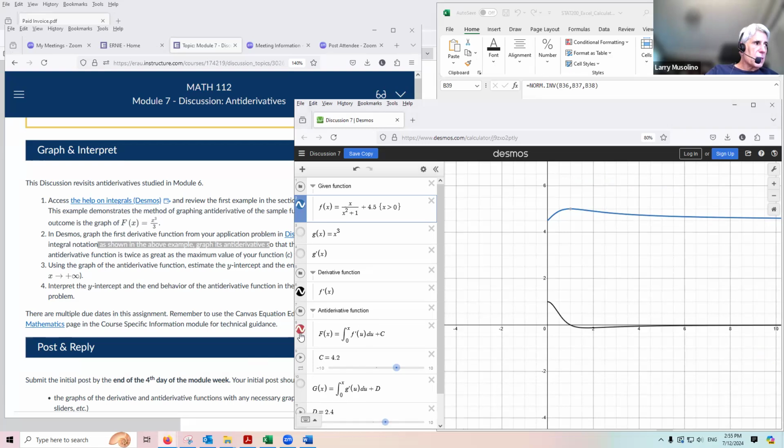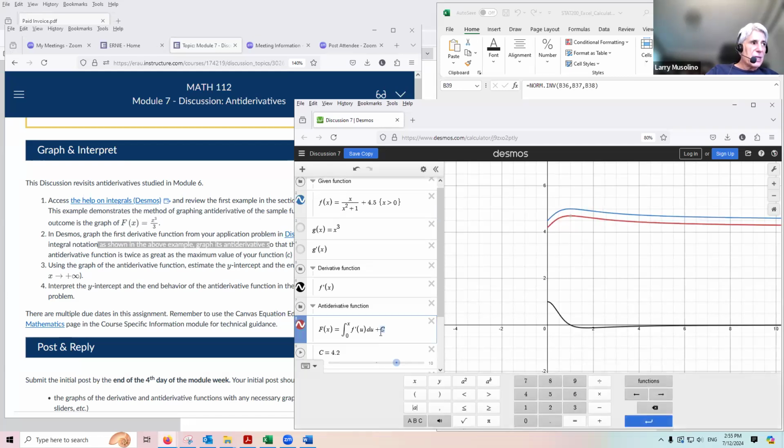So I'm going to use this red function here. Notice it says capital F of x is the integral from 0 to x of the derivative function. And I put plus c as an arbitrary constant, and Desmos will put in the slider for you. And notice how the red and blue graphs are identical except for a vertical shift.